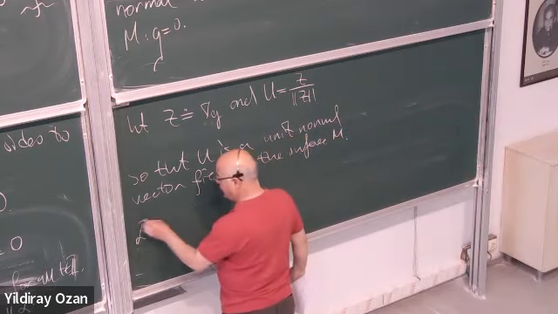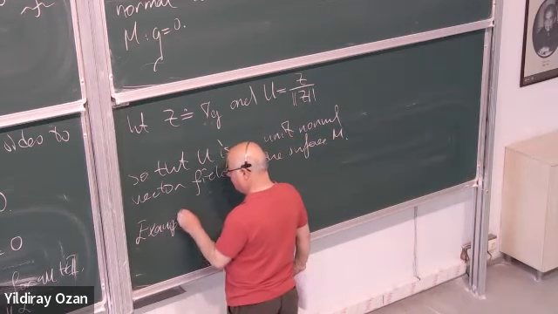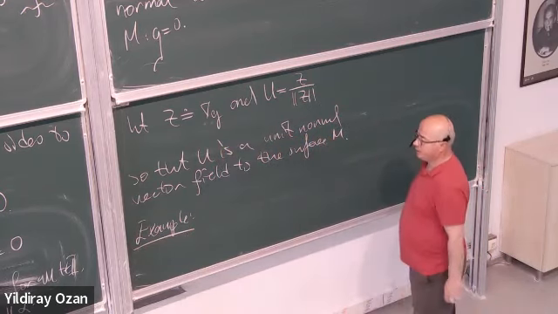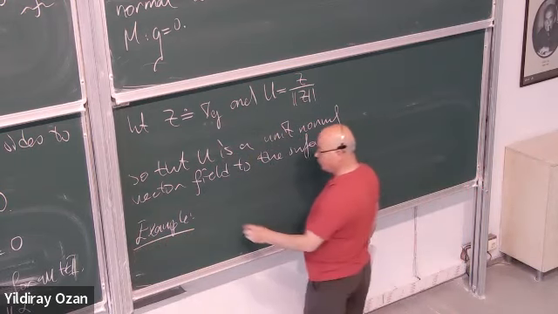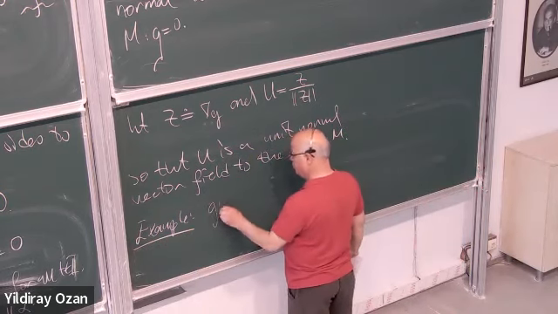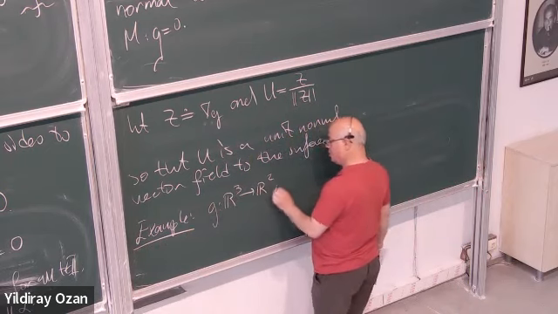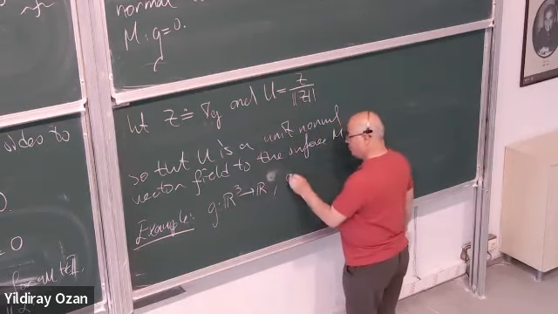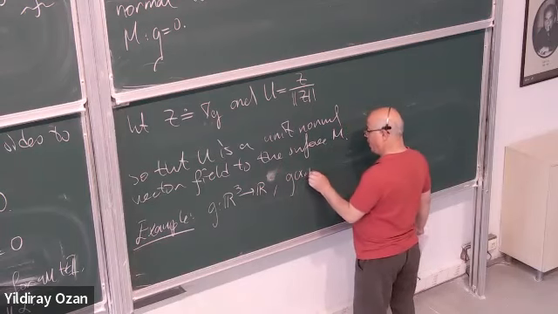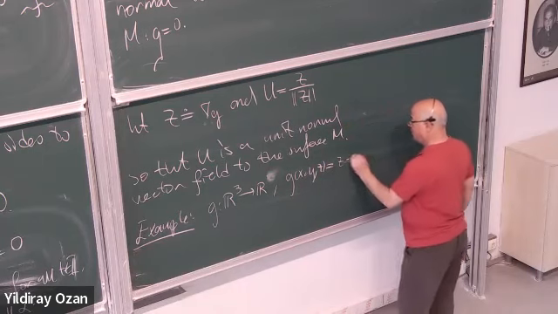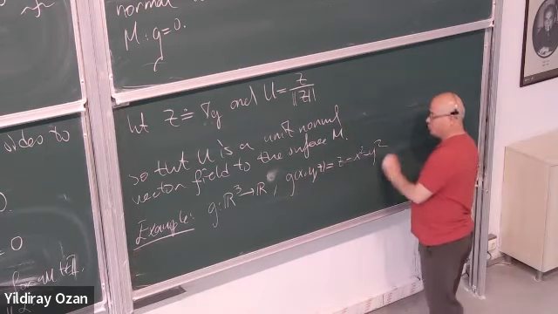Let me do a quick example. Let's say our surface is given by this equation, G from R3 into R, G(x,y,z) equals z minus x squared minus y squared.